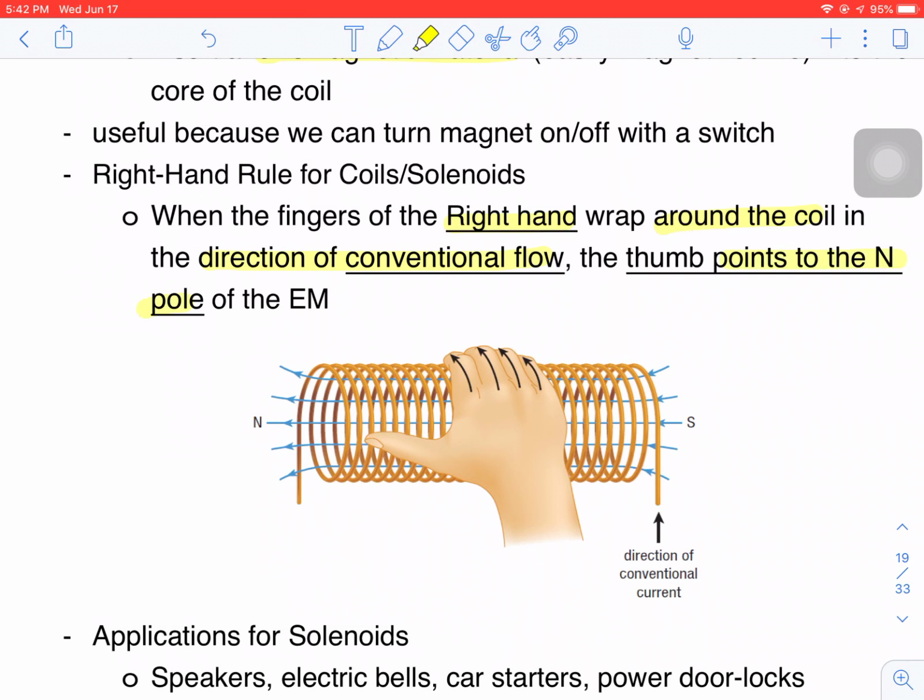of your electromagnet. So if you can see this coil right here, if I push the electrons, or the conventional flow, from this side, it goes up and around the back, comes back forward and disappears around the back, and the coil comes up the front and disappears around the back.